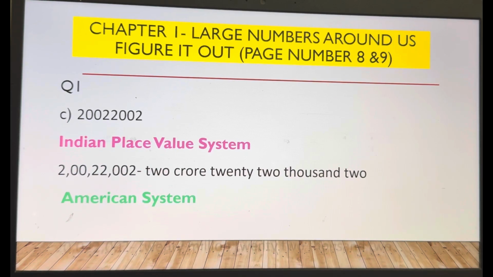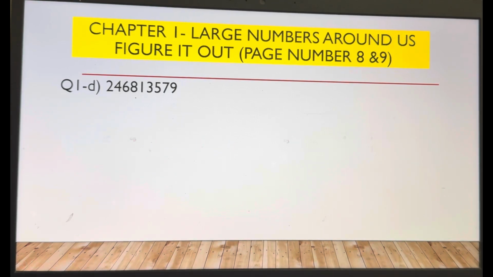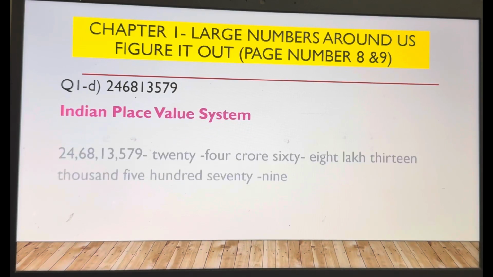Now the American system: 3, 3, 2 is the commas we place. So this is the ones block, 002, then 022, thousands block and millions block. So 20 million, 22,002 is the answer.